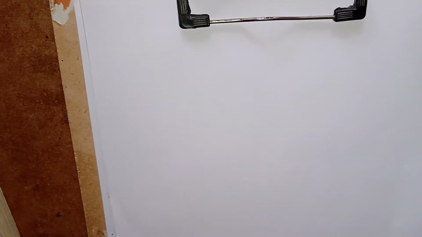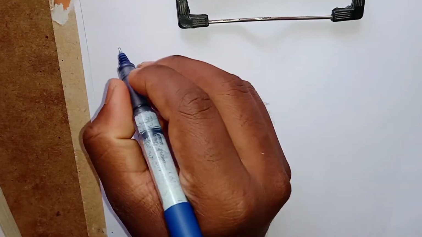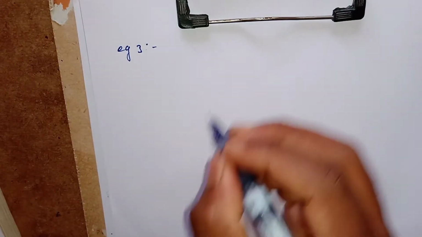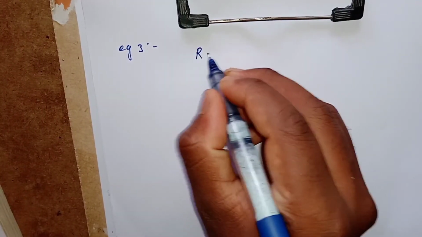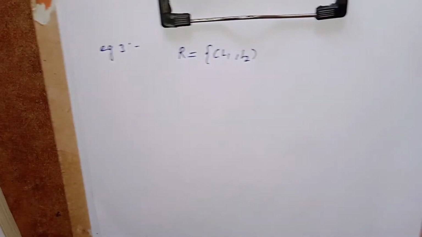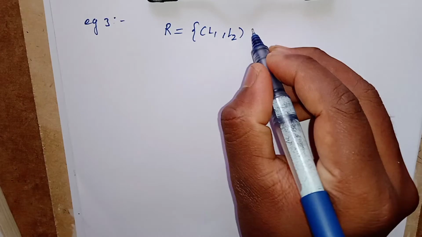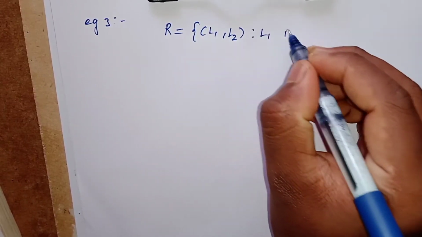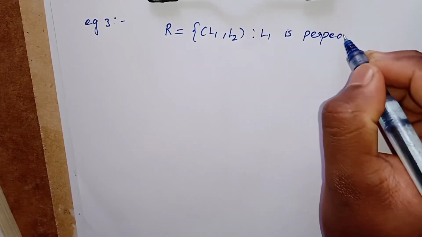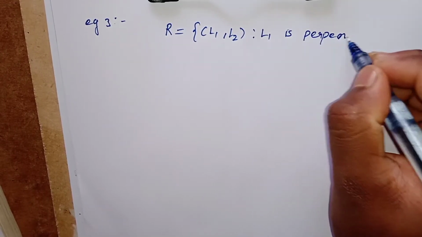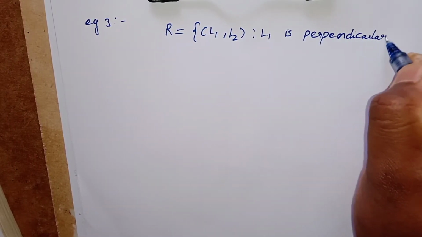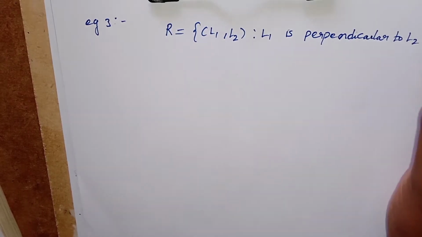Here my given relation is, example 3, R = {(L1, L2) such that L1 is perpendicular to L2}.